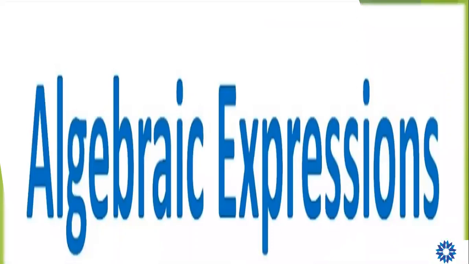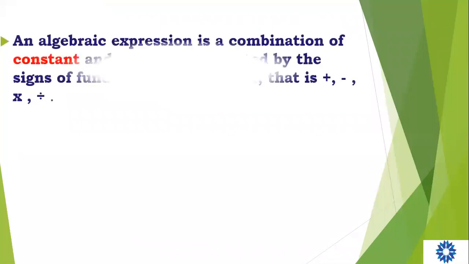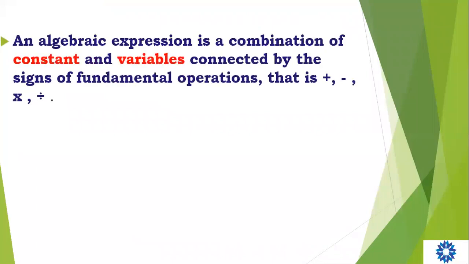First, we'll discuss algebraic expressions. In 7th grade, we already discussed algebraic expressions. So, recap. An algebraic expression is a combination of constants and variables connected by the signs of fundamental operations, that is addition, subtraction, multiplication, division.